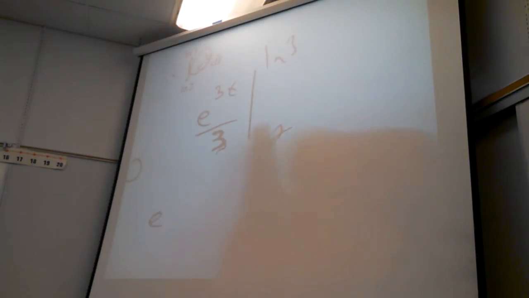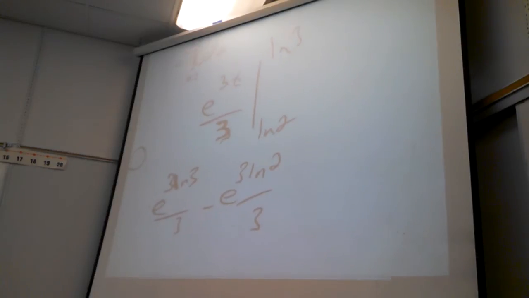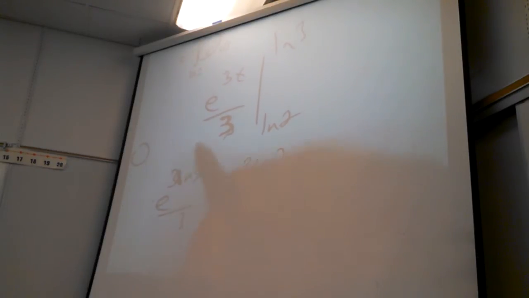So I get e to the 3 ln 3 over 3 minus e to the 3 ln 2 over 3. What is e to the 3 ln 3? 9? No. 3 times 3 is 9. What do you do with the coefficient of a log? You can bring it back up as a power. So you get 27.